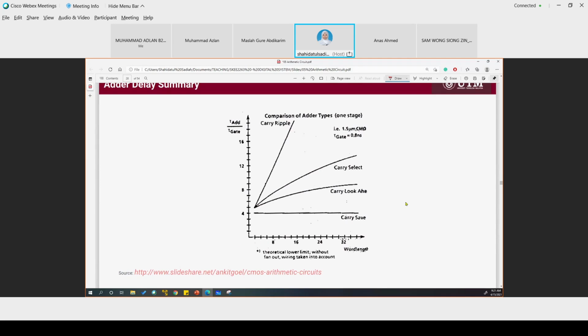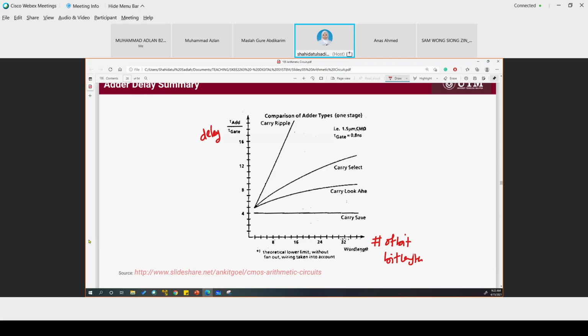So the best is the carry save adder here. This is the delay, and this is the number of bit length. The longer the number of bits in the adder, the ripple carry adder will have more delay.